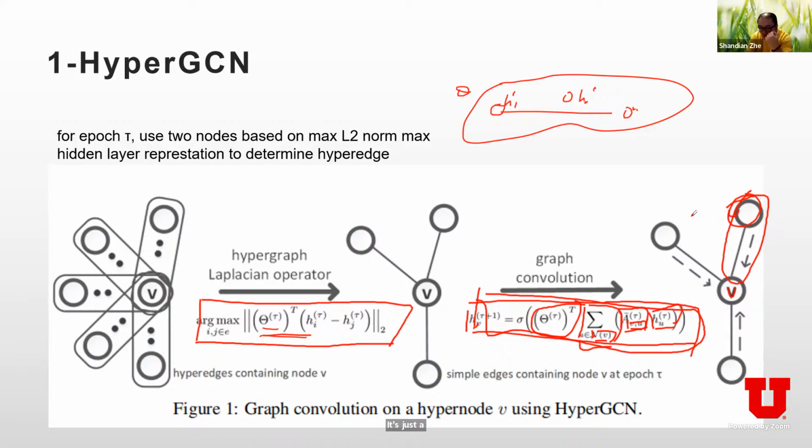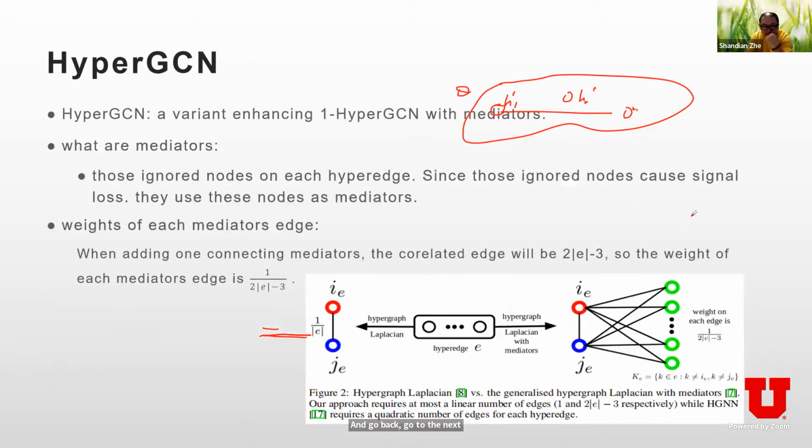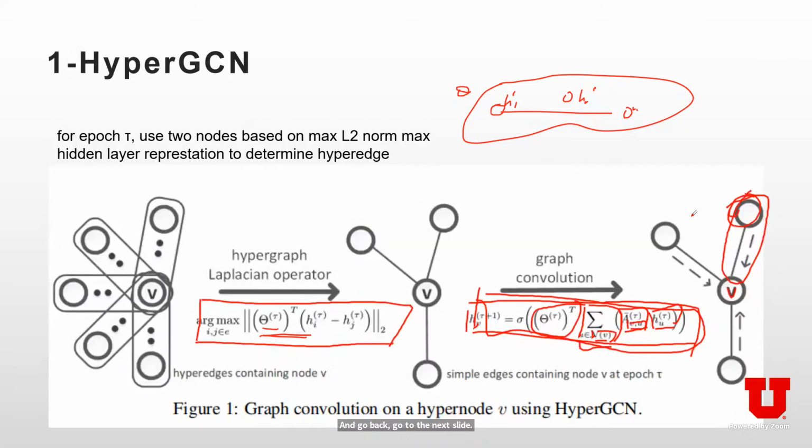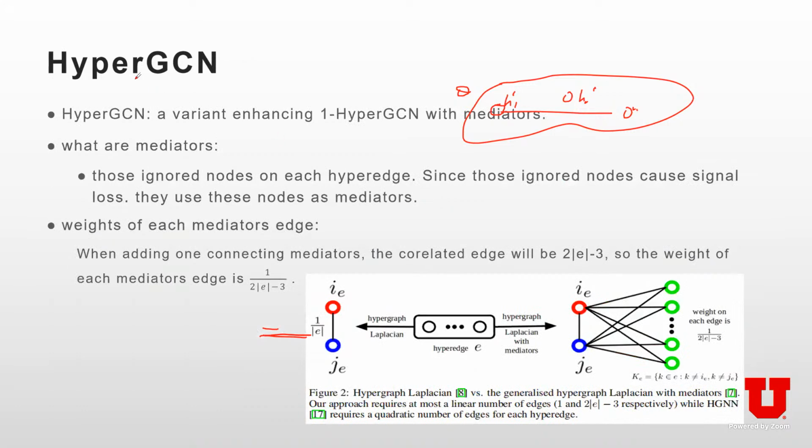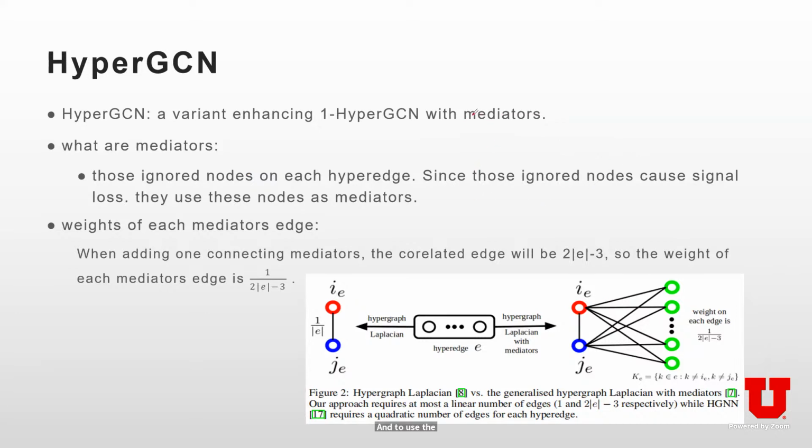Can you go to the next slide? The next one is HyperGCN. You can see the disadvantage of HyperGCN is that it uses two nodes to represent one edge, so other nodes will be ignored. Here, for FastHyperGCN, it reuses these ignored nodes as mediators, and uses the information as weights.